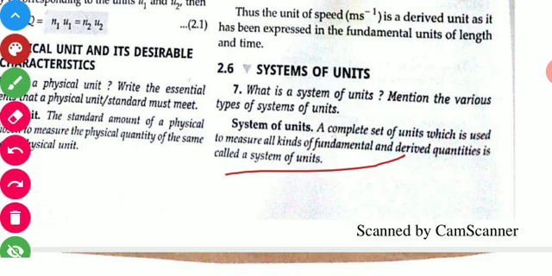Like we have a system in which we measure length in meter, mass in kilogram, and time in second. So this is a set of units. Similarly, we have various systems of units. We will discuss them one by one.